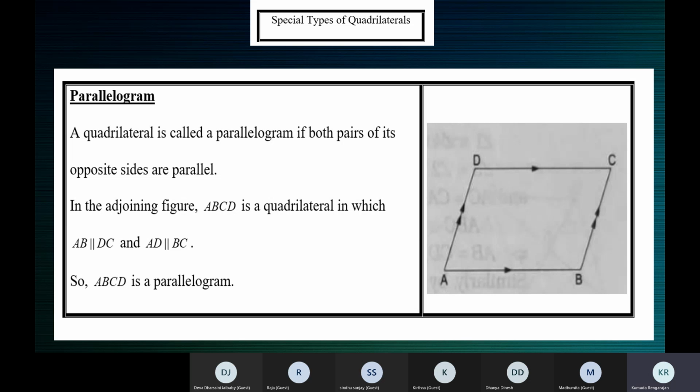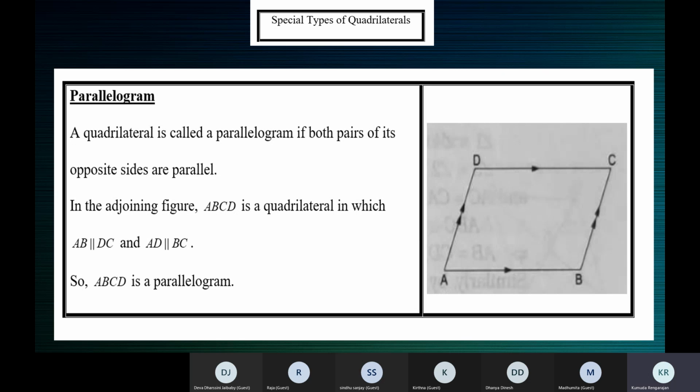So if you take a side in a quadrilateral, it will have only one opposite side. The remaining two will be adjacent sides. AD and BC are opposite sides. But AD and DC are adjacent sides. AD and AB are adjacent sides.